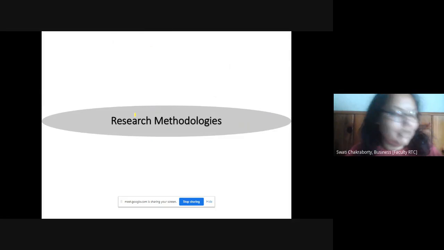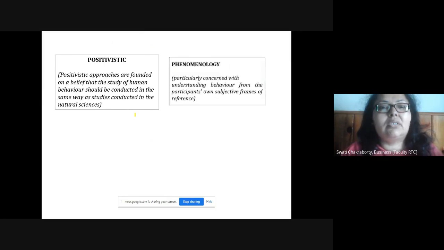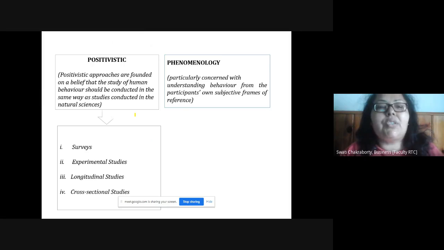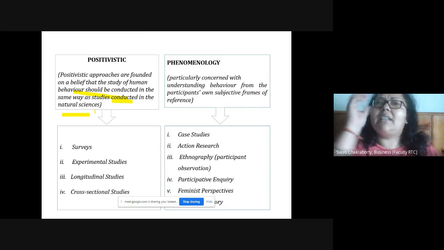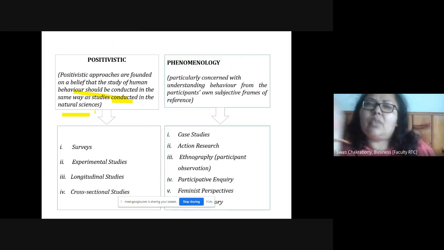So we come to the next part, which is research methodologies. That can be of two types, positivistic and phenomenology. Positivistic is the approach which says that the study of human behavior should be conducted in the same way as natural sciences, like it's scientific. When you analyze human behavior, whichever way you do it, whoever conducts it, the same results come.